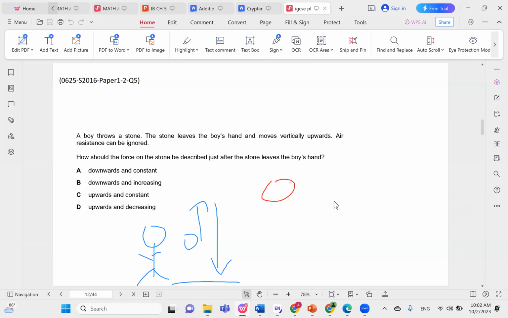Since it's going to be pulled downwards inevitably, the force obviously must act downwards. And since it produces a constant acceleration, it makes sense to assume that the force itself is constant as well. So therefore, the correct choice here is choice A. The force is downwards and constant.